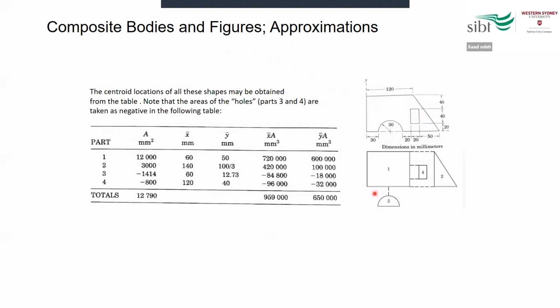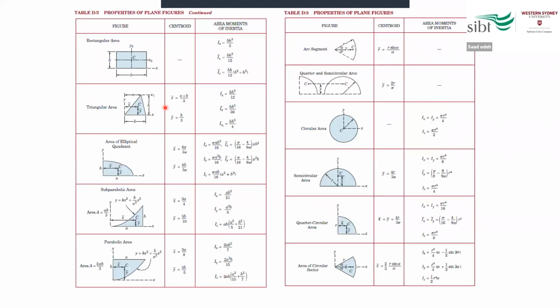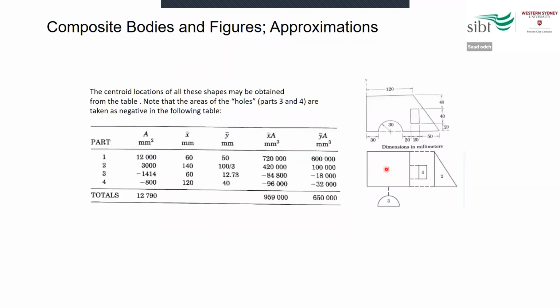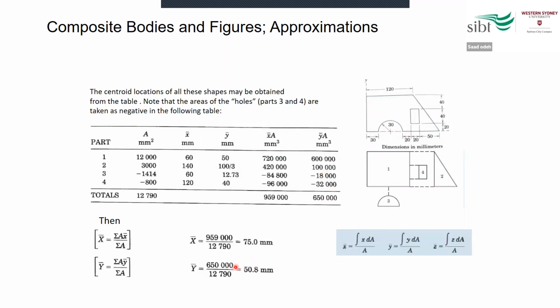We refer to the previous table to find the centroid of each shape. Then once we find the centroid of each shape, we can apply the moment around any point to find the centroid of the complete composite body, similar to this method here.